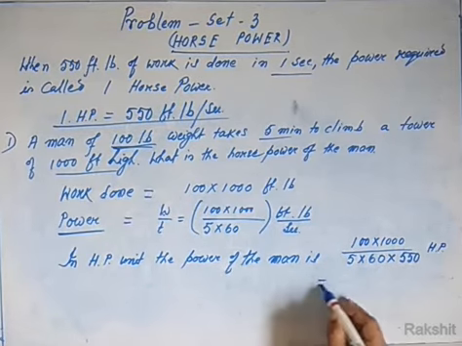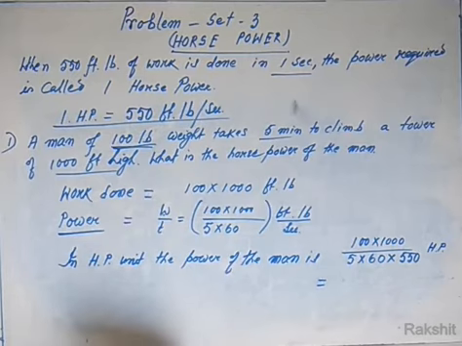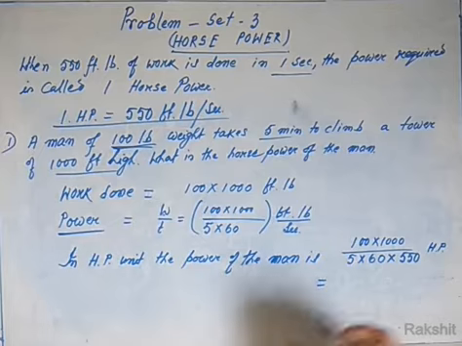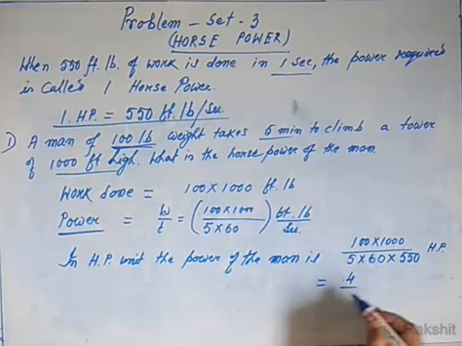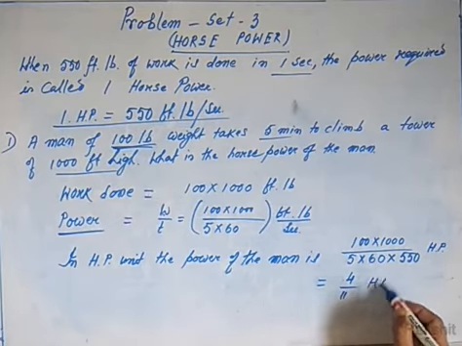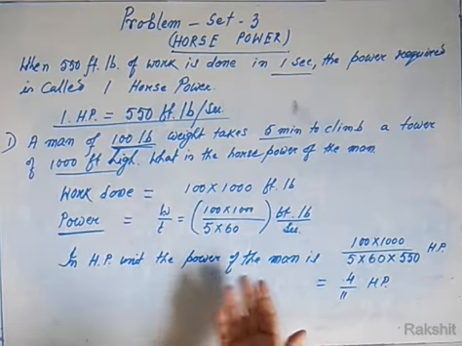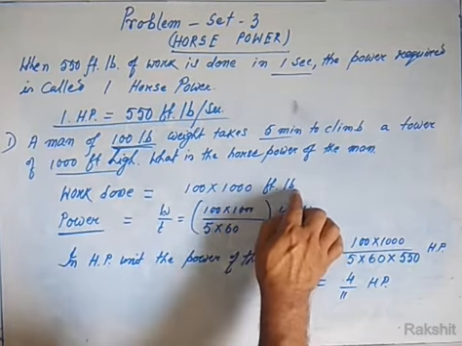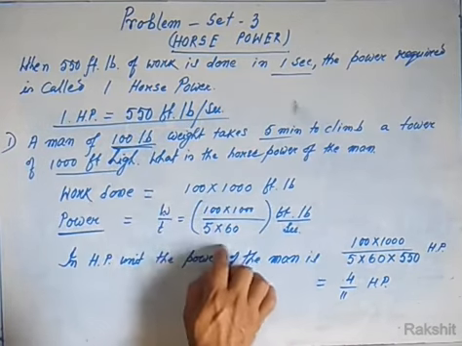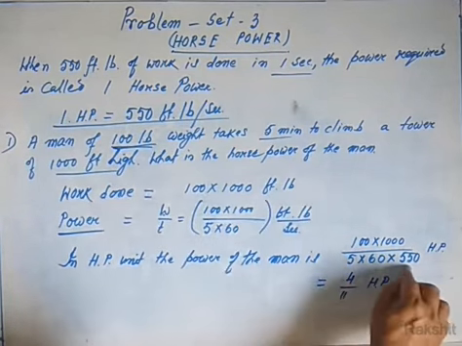On simplification, we will get about 4 by 11 HP. So this is a very simple problem. You just multiply foot into pound, divided by time in seconds, and the whole divided by 550 is equal to HP.